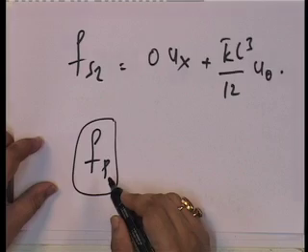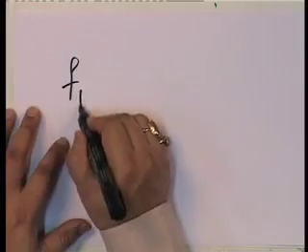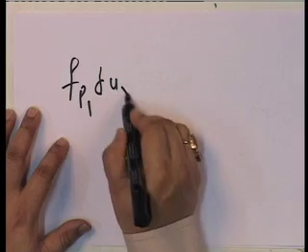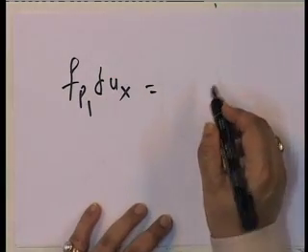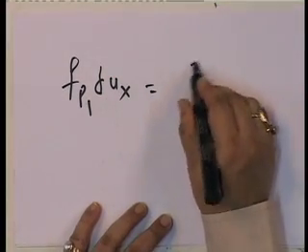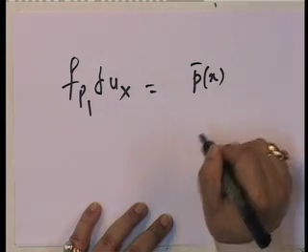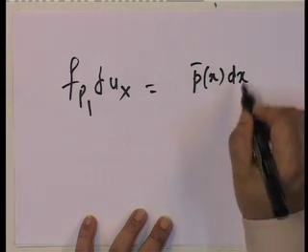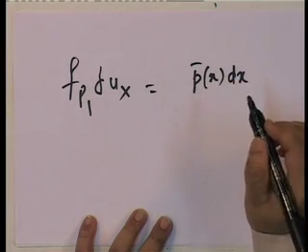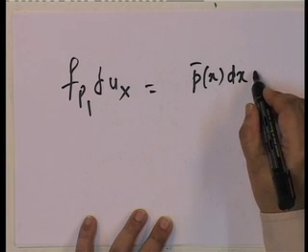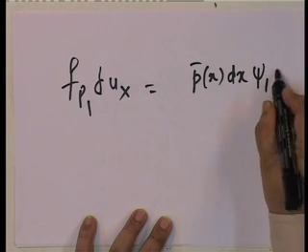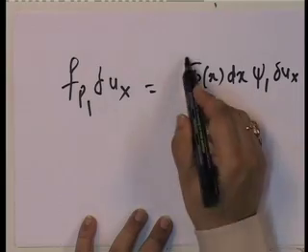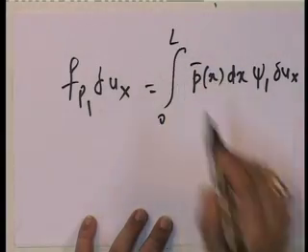For f p 1 into del u x, I have p bar x, that is the intensity at a particular point x, dx, that gives me the load, into xi 1 del u x, and this integrated over the whole length.